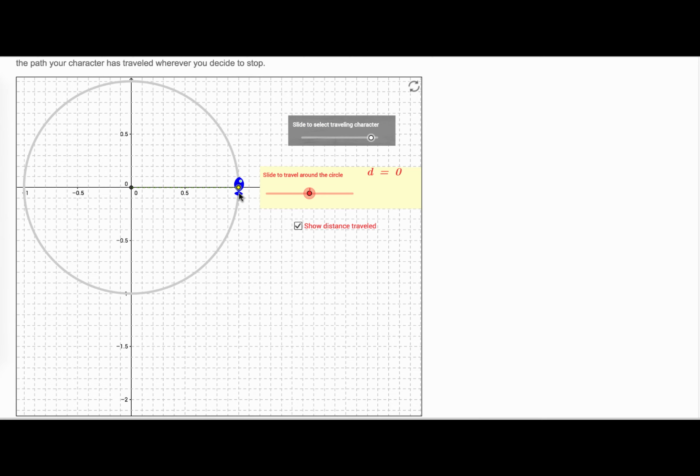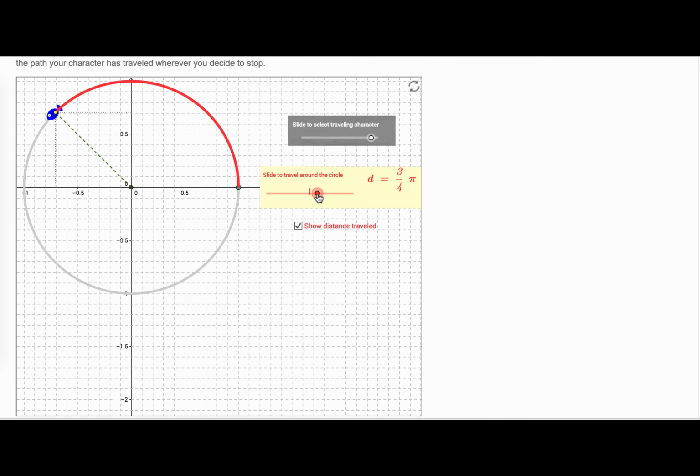So what we said here was at 0 radians or 0 degrees, whichever you want to call it, the cosine is 1 and the sine is 0. So that is the point 1, 0: over 1, up 0.